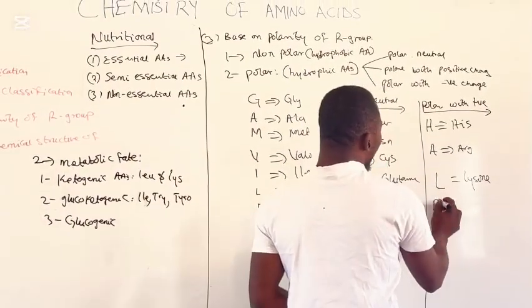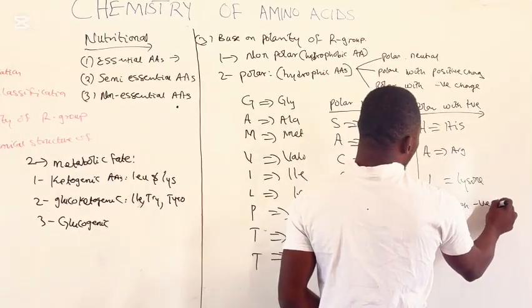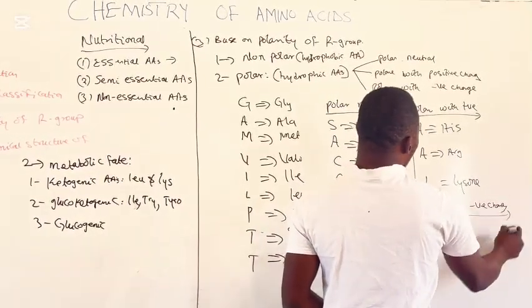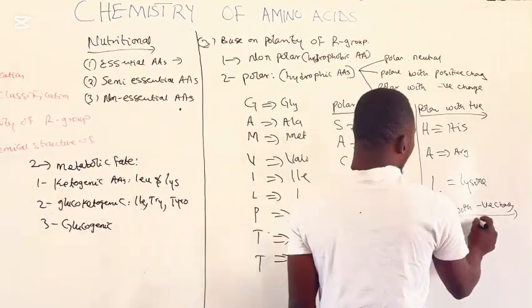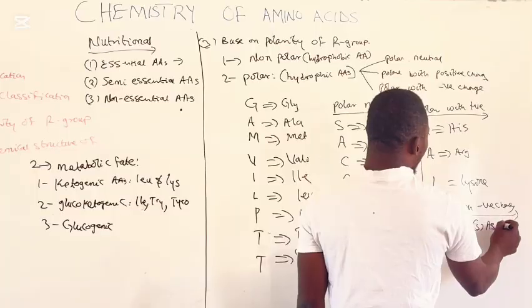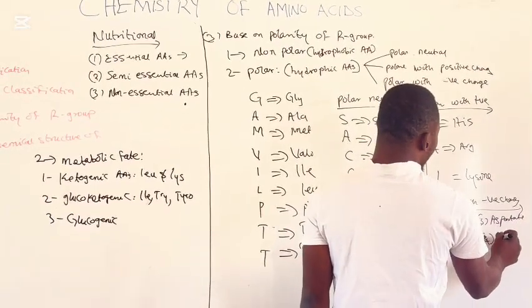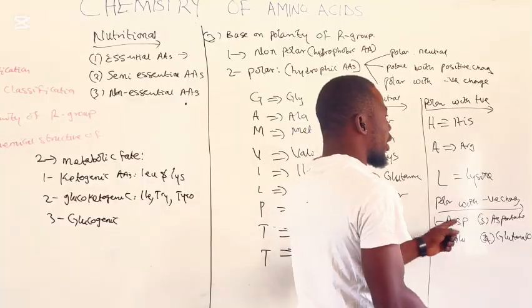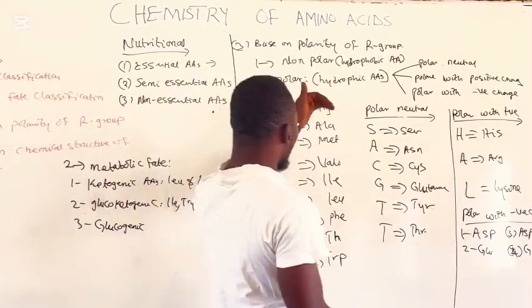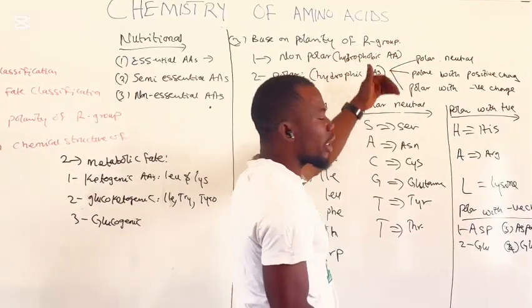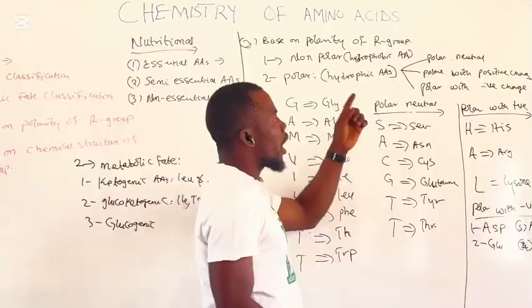Polar with negative charge are the same thing as acidic amino acids, and they include aspartate and glutamate. Now, again, polar neutral amino acids are also referred to as monocarboxylic monoamino acids.